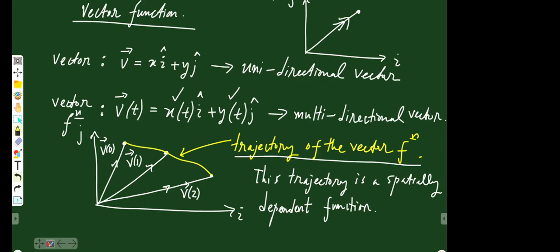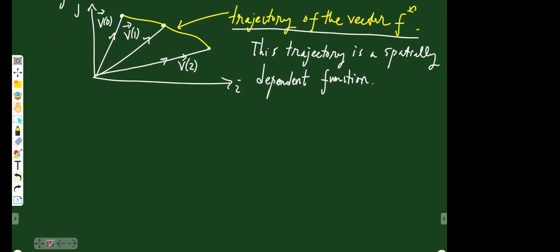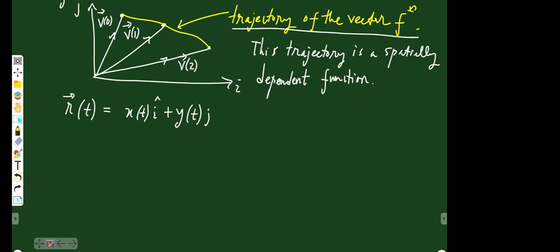Now, okay, think about it. You have r as a function of time, where you have x as a function of time, i, then you have y as a function of time, right?